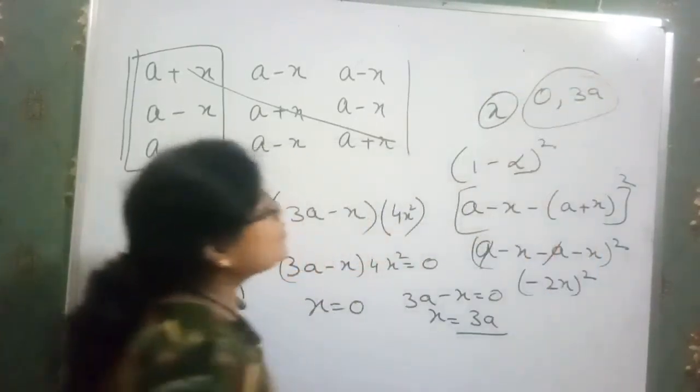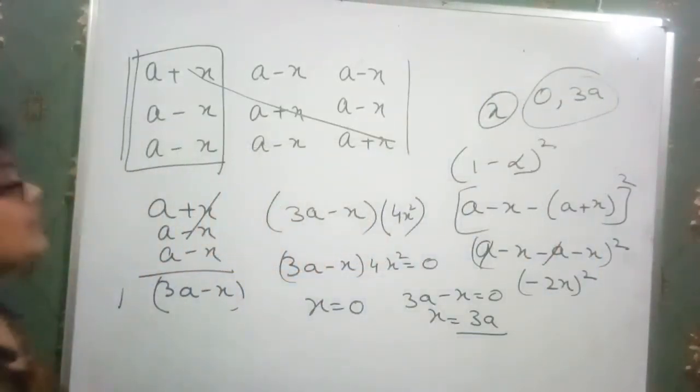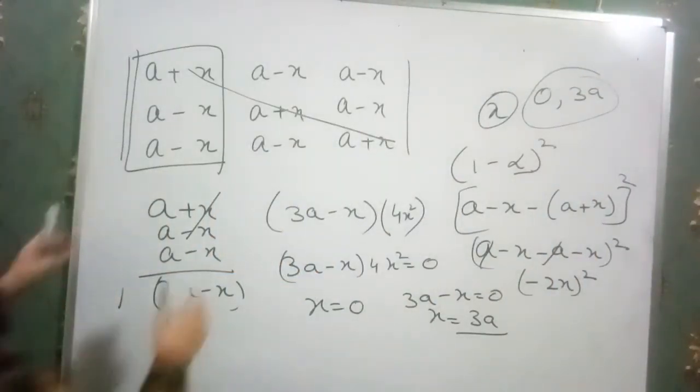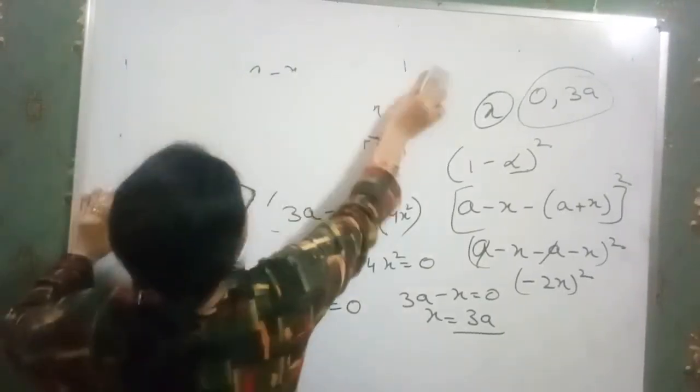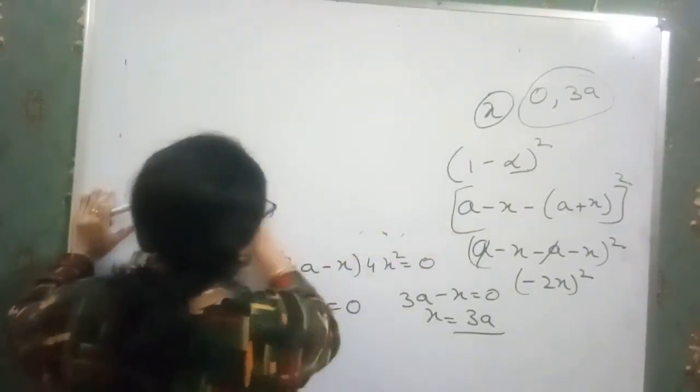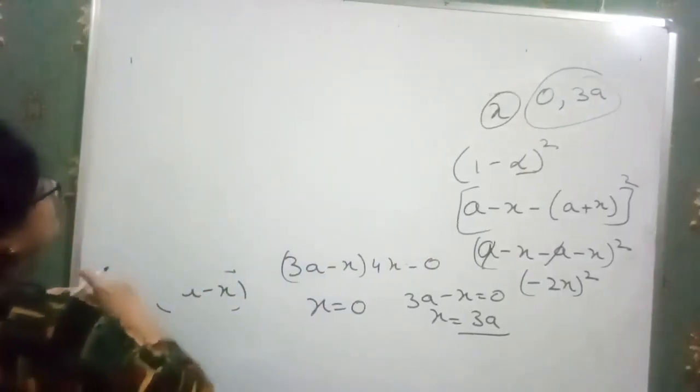So by just memorizing that formula, what is that formula? I am going to tell you again. Just remember that formula, it is very useful because a lot of questions are asked in previous examinations.